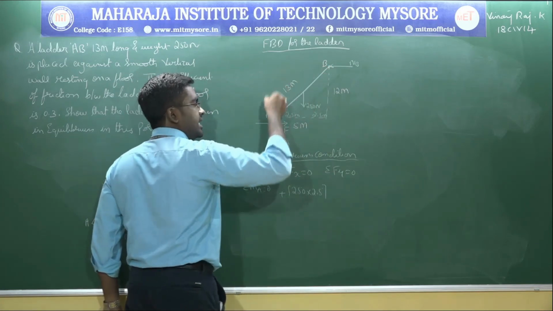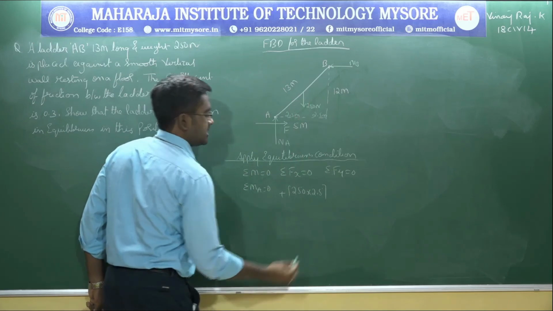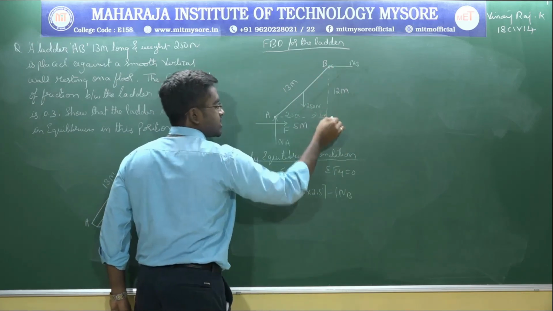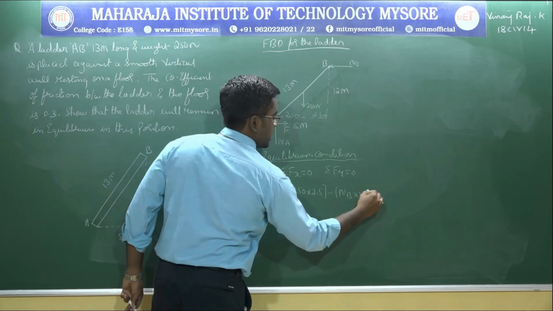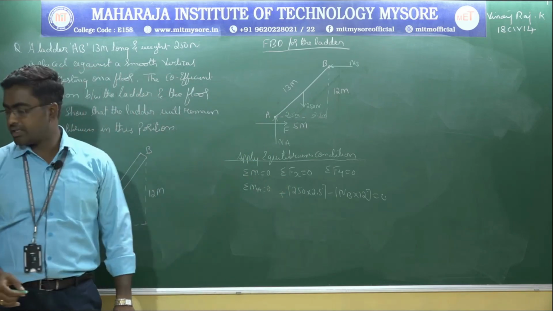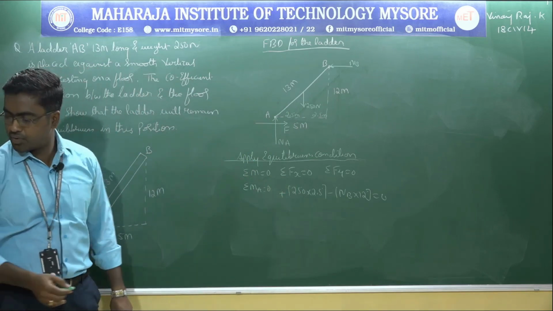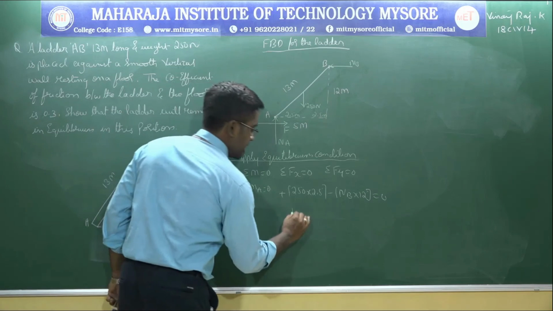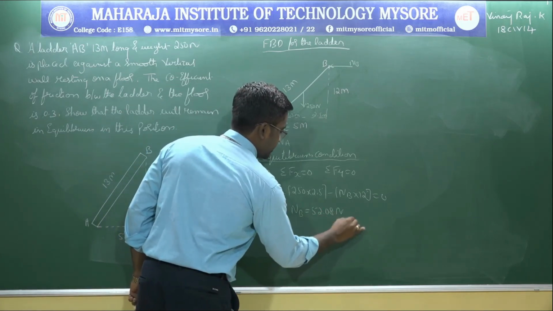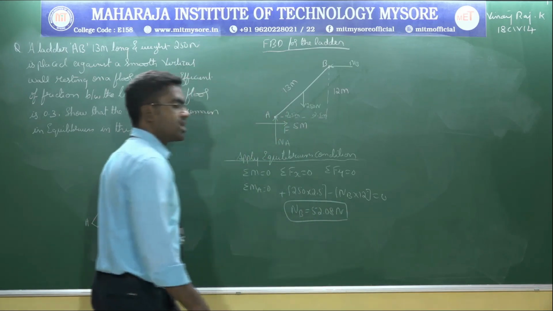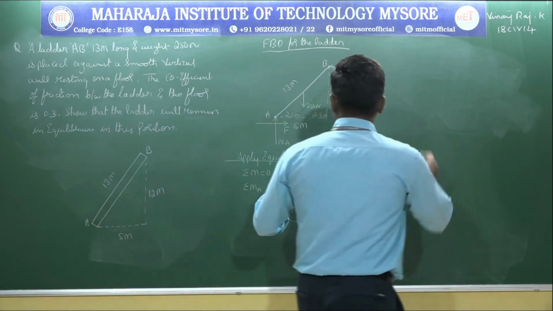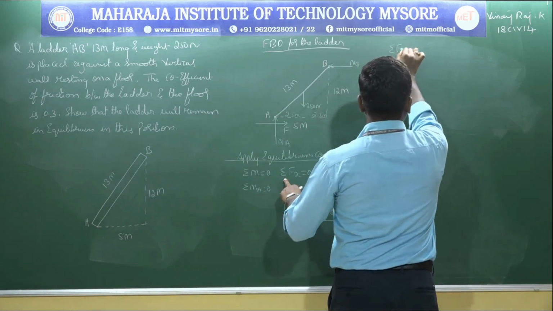This NB makes anti-clockwise rotation, and that will be minus NB, and the perpendicular distance is 12 meters. So 250 into 2.5 minus NB into 12 is equal to 0. There is only one unknown in this equation, that NB is equal to 52.08 Newton, right?